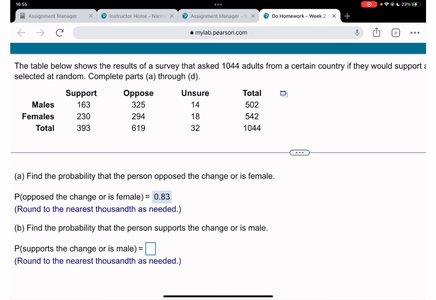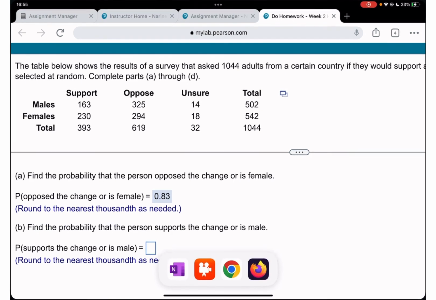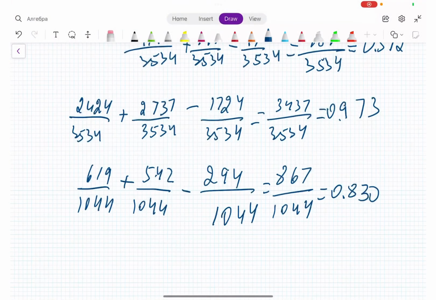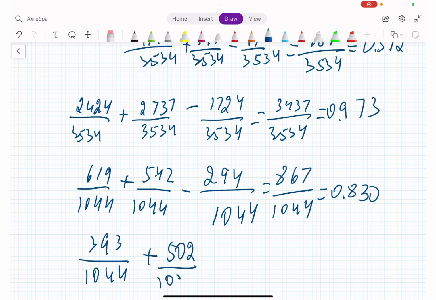And how many support the change and are male, the duplicate? 163 over 1044. Let me write this down: 393 over 1044 plus 502 over 1044 minus 163 over 1044.